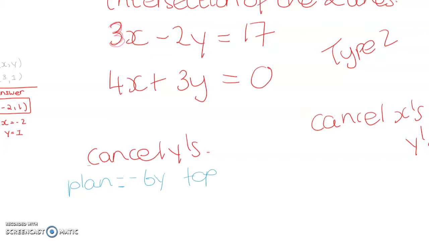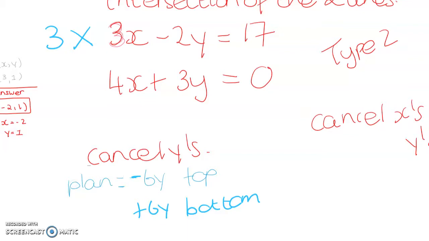That's a very, very bad pen. Hold on a second. And I need on the bottom a plus 6y. What do I have to do, lads, to the top equation to get minus 6y on top? What do I have to multiply the line by? 3, isn't it? So my plan is I'm going to multiply the whole lot of that by 3.